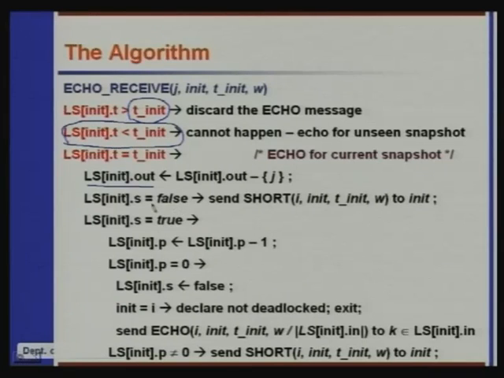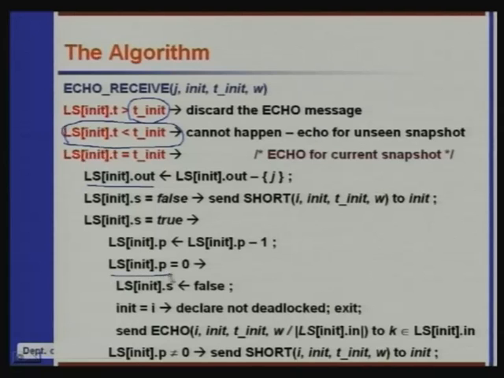If it is blocked, then we send this through a short message to init. Otherwise, what we do is we reduce this p, because now you have one less to get, okay.